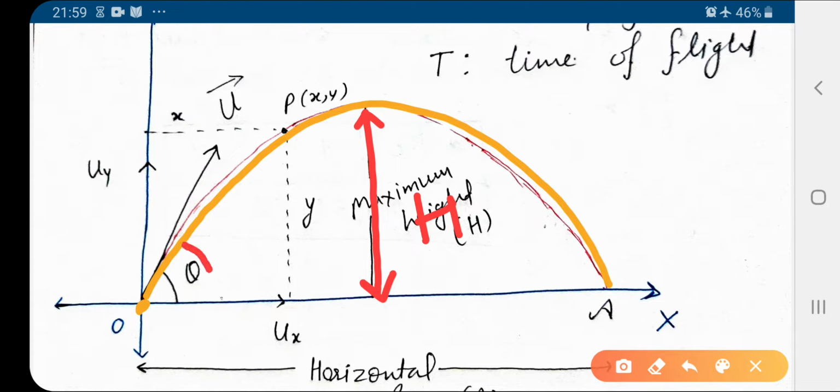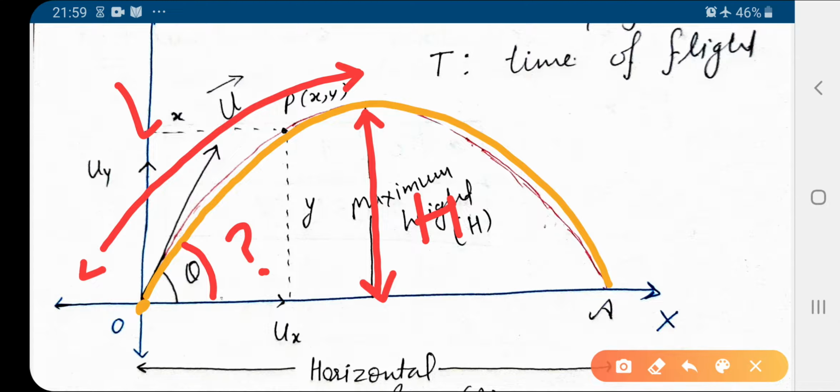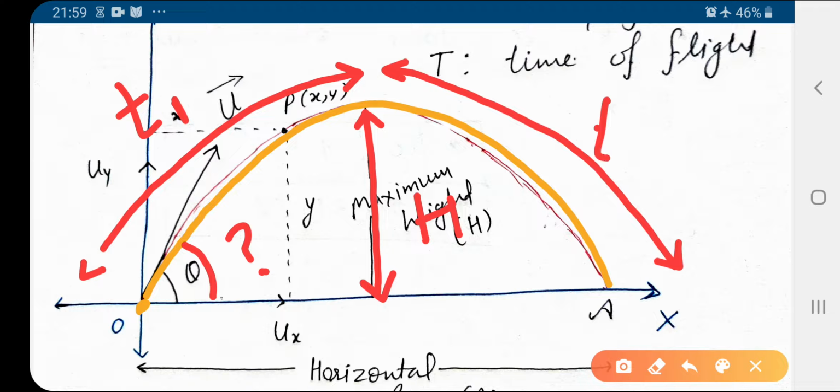This is the angle of projection about which we also discussed, and this is the time taken by the body to reach at maximum height. Let it be t1, or time of ascent. Similarly, from maximum height to reach on the surface, that is t2, time of descent.